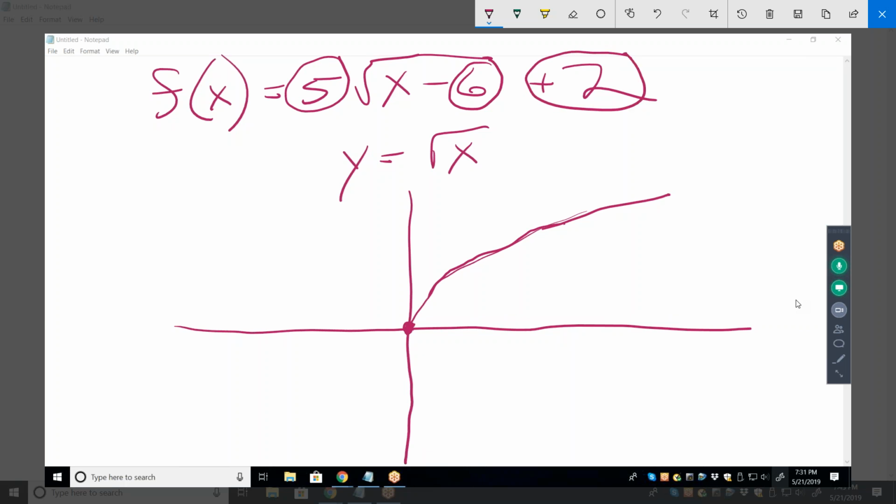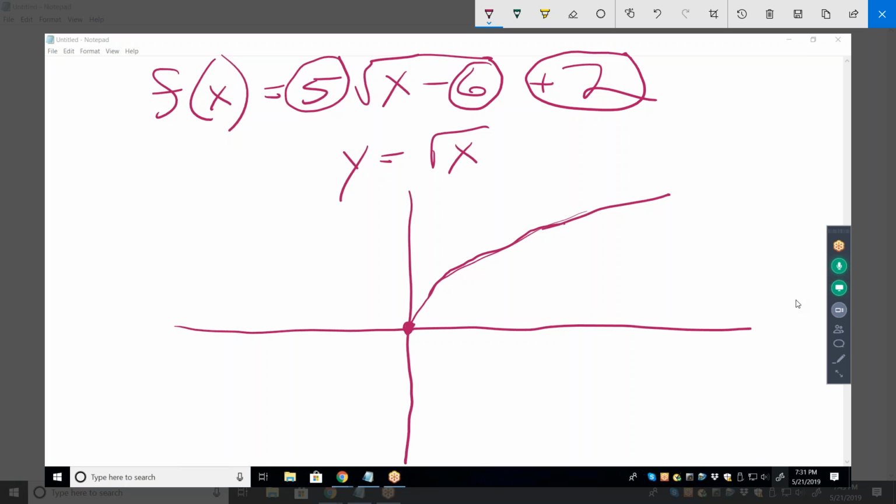What's the 5? 5 is stretch. Vertical stretch. It's vertical because it's outside the function. Okay. Outside the radical sign. What is the 6? It's left 6. It's horizontal or vertical? Horizontal. I don't know if we've ever talked about this before, whether it's horizontal or vertical.